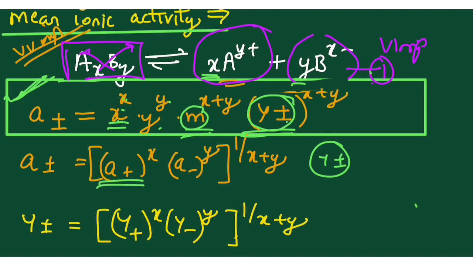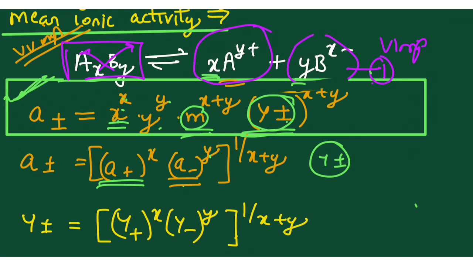Then use this formula: a plus minus is equal to a plus to the power x into a minus to the power y, whole to the power 1 divided by x plus y. Clear? A minus is the activity of the anion and a plus is the activity of the cation.